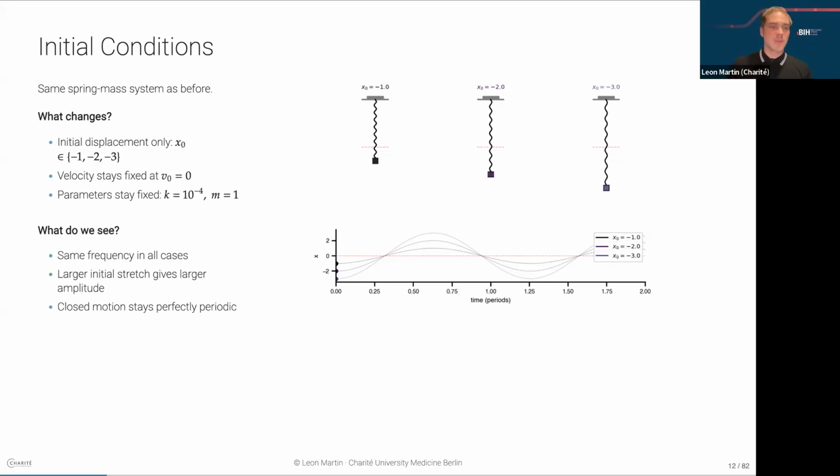So we have the same frequency, but when we let it loose, we see that the amplitude changes. And this is also quite intuitive, but not only the set of parameters and the model itself, but also the initial conditions change the actual outcome of the change over time. So we see if we prolong the spring longer, it will have a higher amplitude of the oscillation.